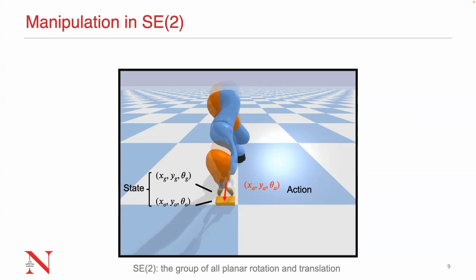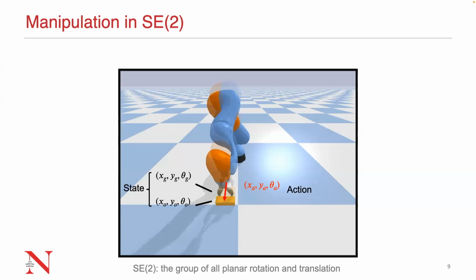I said that we'll be using images, but right now let's just think about it abstractly, using the ground truth state. For example, the SE2 poses of the gripper and the block as the state. And then our action can also be defined in the space of SE2, where it's just an SE2 vector. We know how we want to move the gripper along the x direction, along the y direction, and how we want to rotate our gripper with respect to the current orientation.